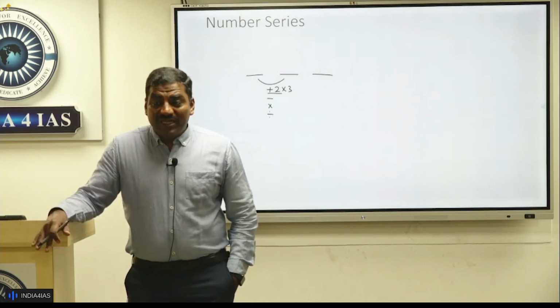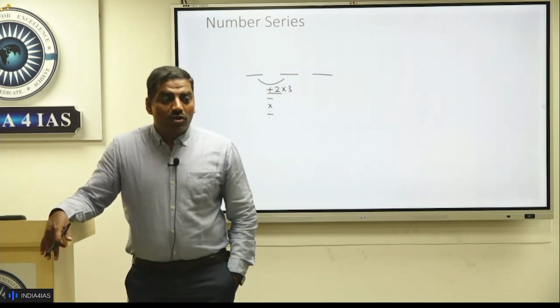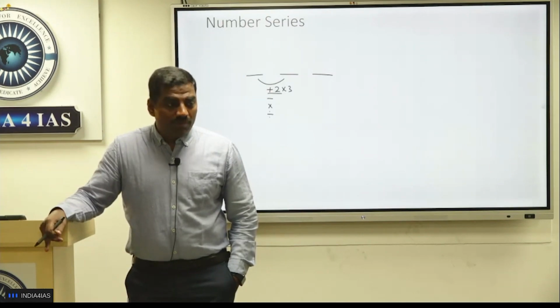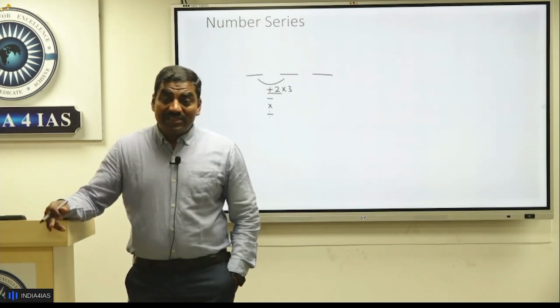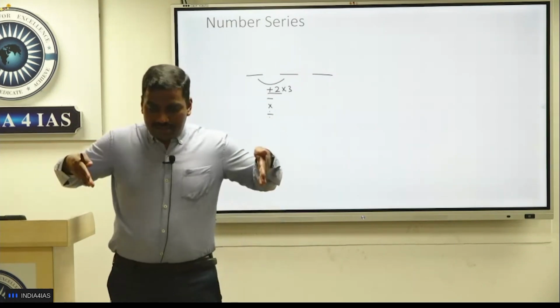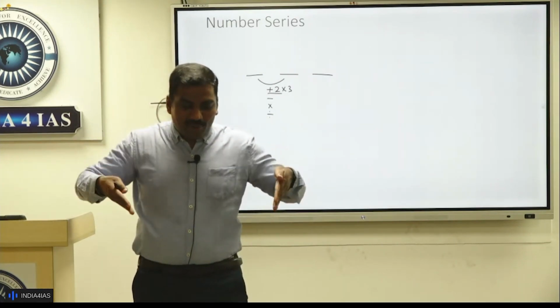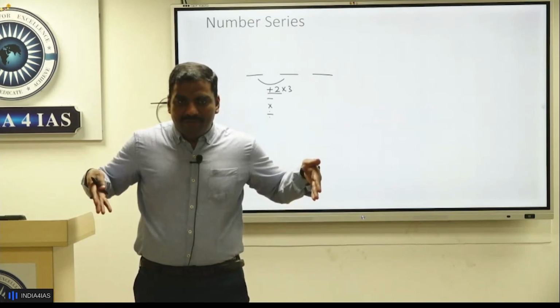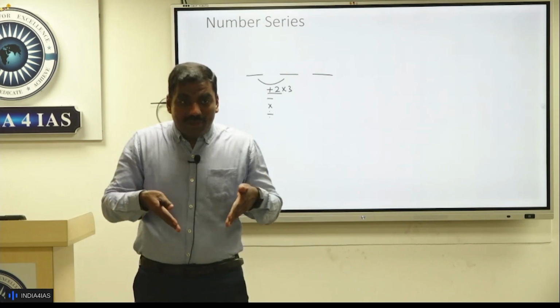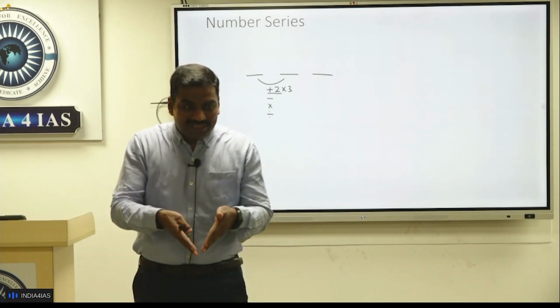After taking the differences, if you are not getting the hint, you go for the second iteration. Whatever differences you have got, you find the differences of those differences again. So finally, your number series will try to become a funnel. If there are 5 numbers, you will get 4 differences. If you are not getting a pattern there, you go one more level, so you'll get 3 differences, then 2 differences, finally 1.